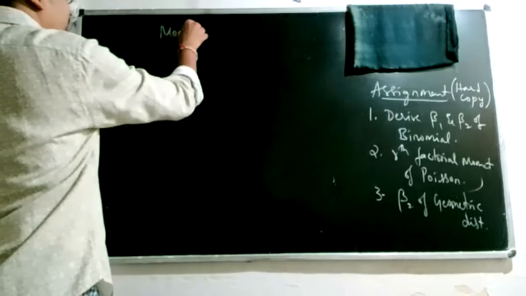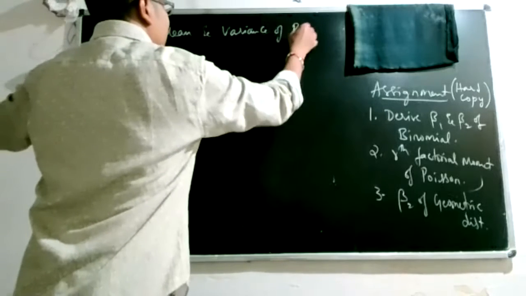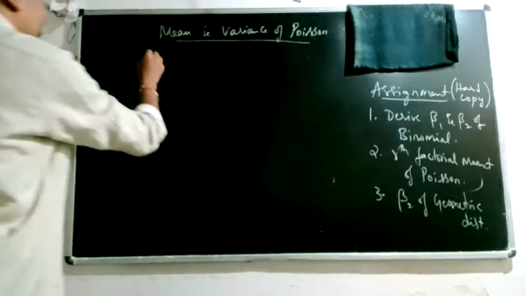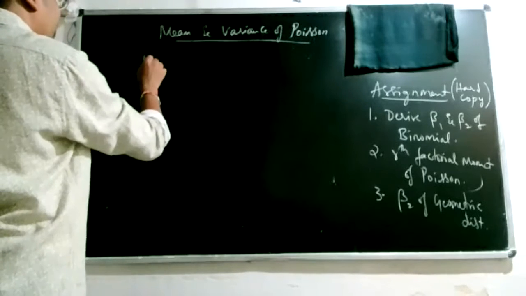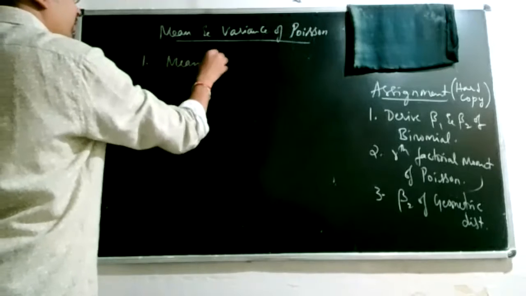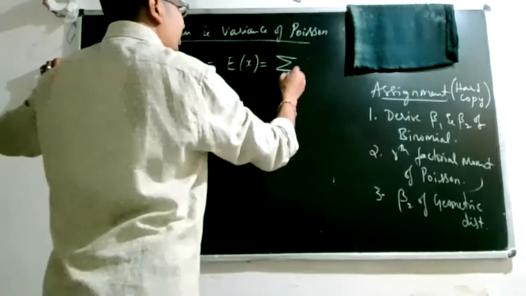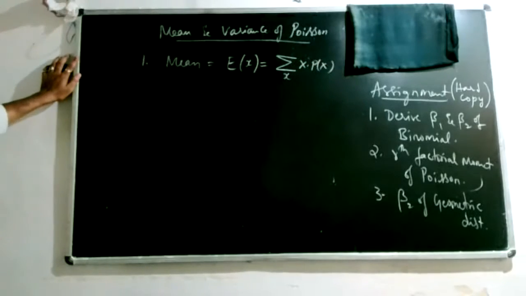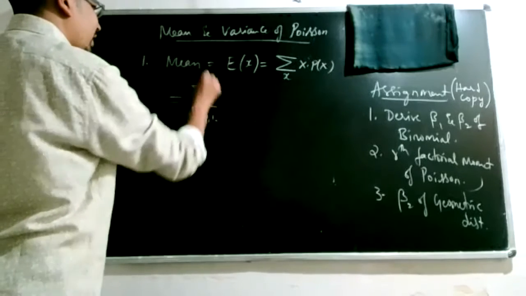So where was I? We have to obtain the mean and variance of binomial, and the mean and variance of Poisson. The mean is very easy to obtain, but when I look into the variance, E of x square becomes somewhat difficult. So mean equals E of x, and by definition E of x is the summation of x into px over all possible values of x. Here the values of x are 0 to infinity.